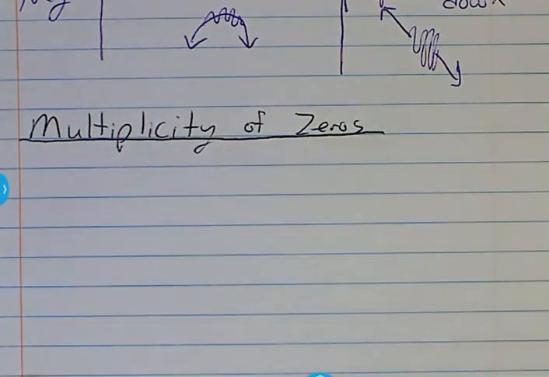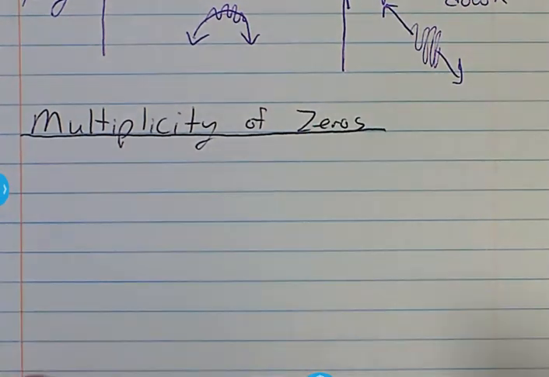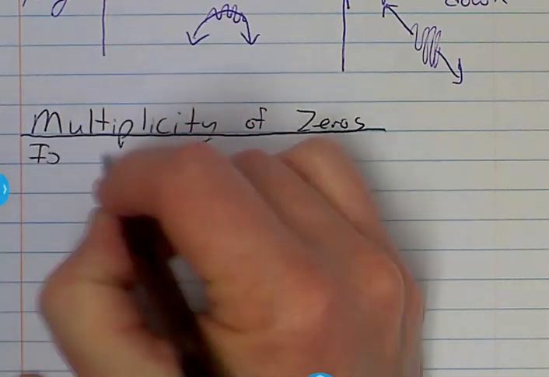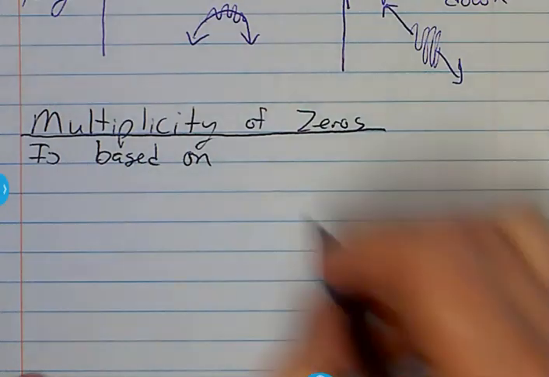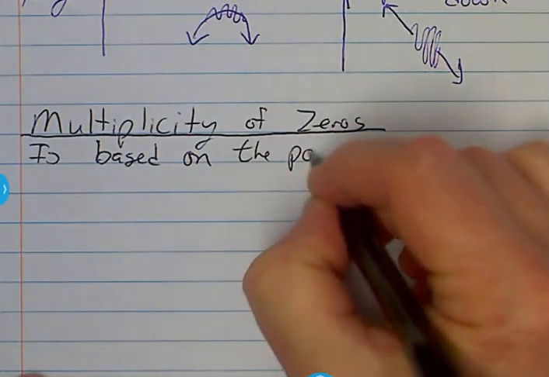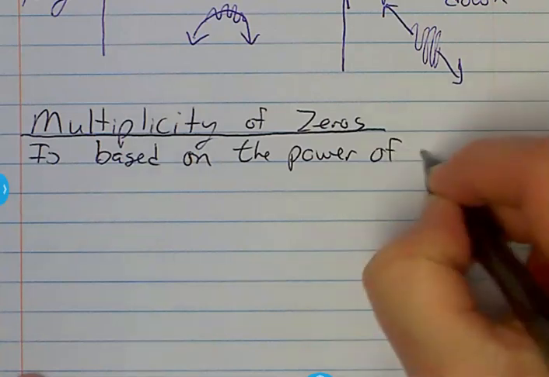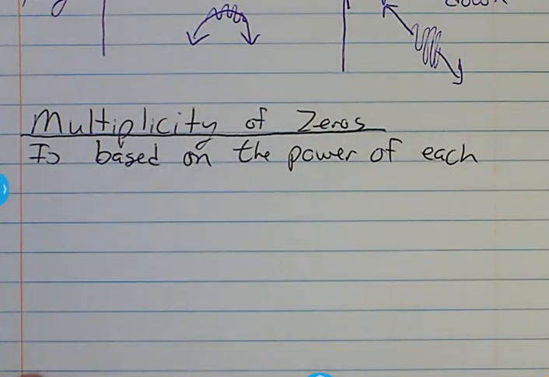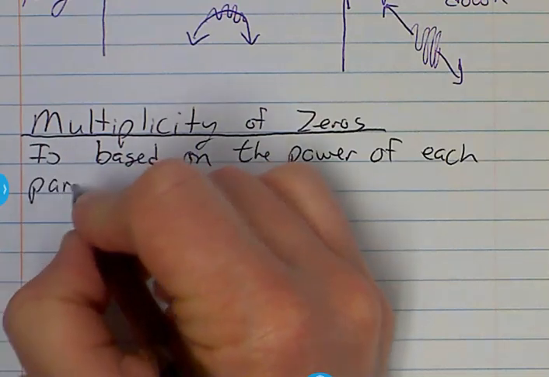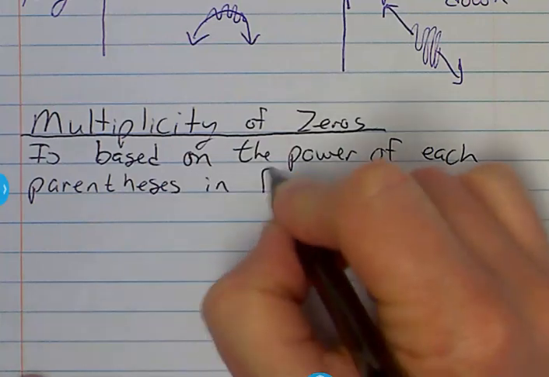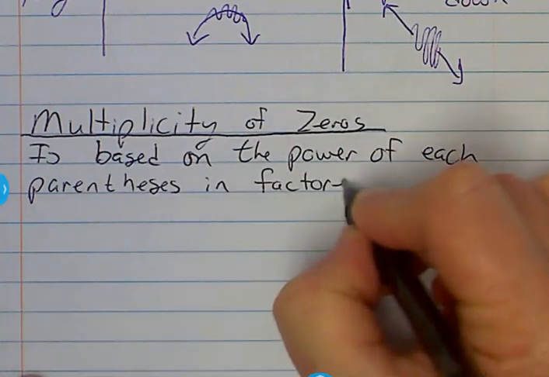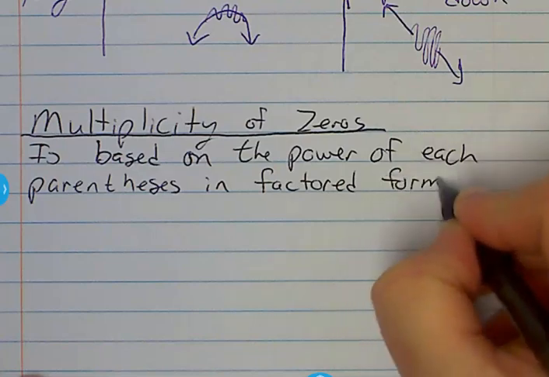All right. So with multiplicity of zeros, and again, I don't know that this is something new that y'all would have done before, so let's show you what's going on with this one. Basically, this is based on the power of each parentheses in factored form.